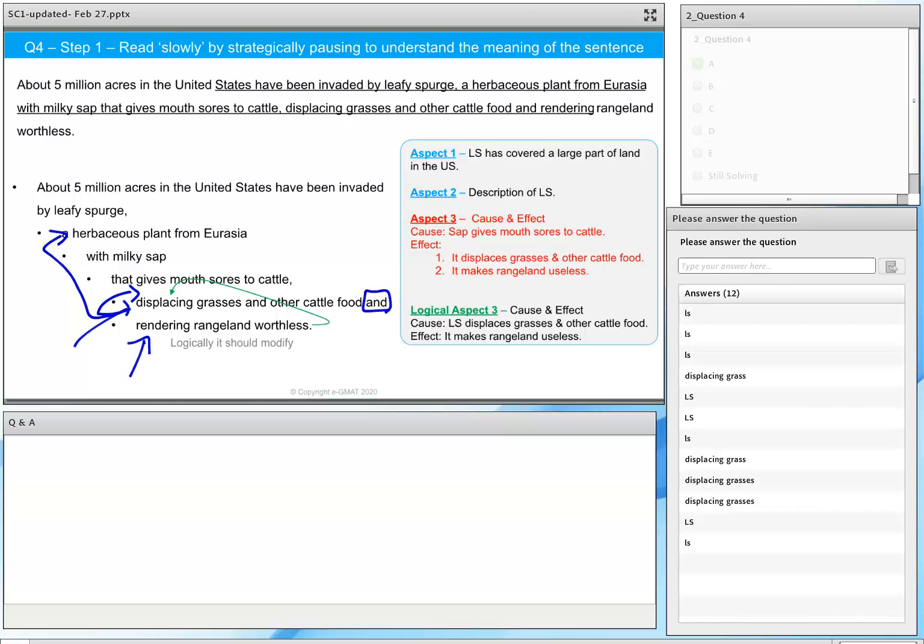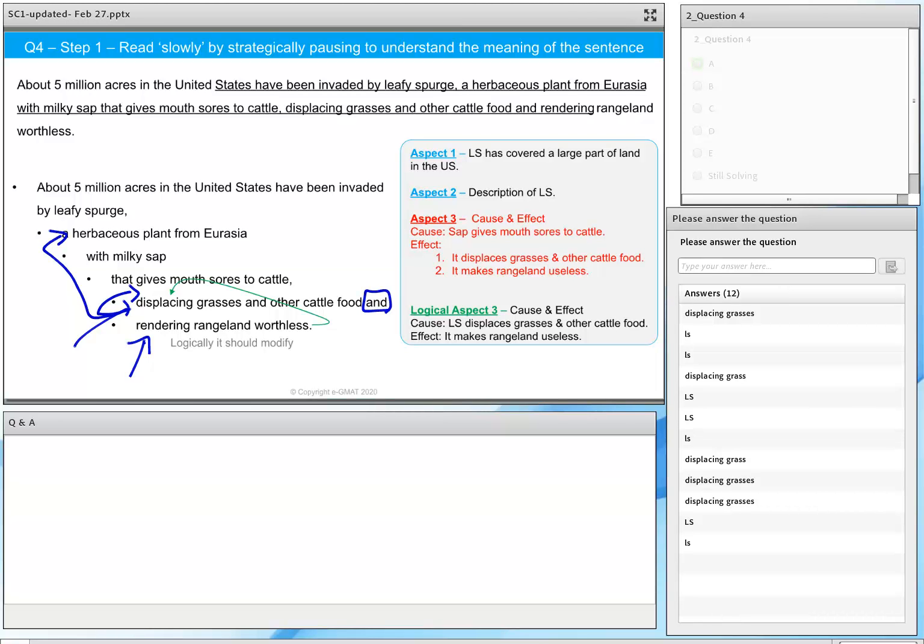But if leafy spurge is displacing grasses and other cattle food, then cattle cannot graze on those grounds because they are not fools. They don't want to live with mouth sores. So if eating leafy spurge gives them mouth sores, they are not going to eat there. But why is the rangeland becoming worthless?